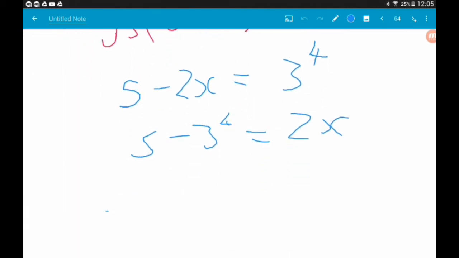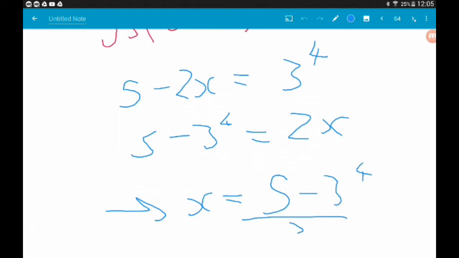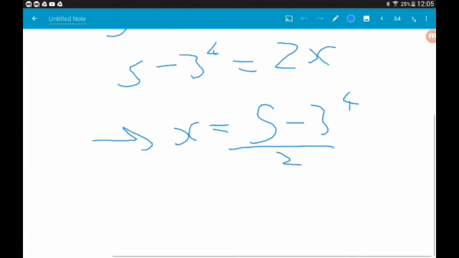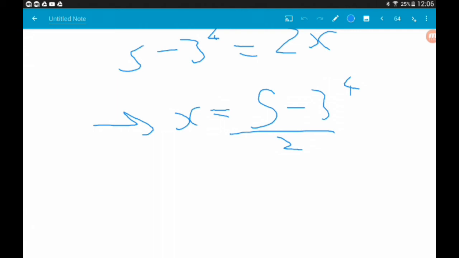Therefore, x is equal to 5 minus 3 to the power 4, all over 2, which we can work out. So 3 to the power 4 is 81. So up on top we got 5 minus 81, which is minus 76.